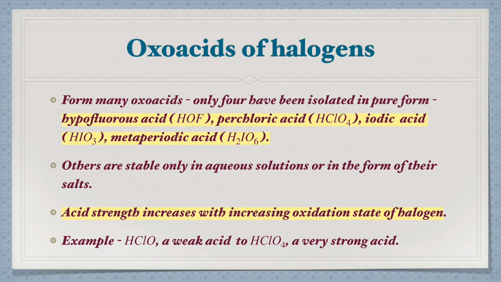That means from HClO to HClO4 the acidic strength increases, as HClO has the oxidation state of chlorine as +1, whereas in perchloric acid, HClO4, the oxidation state of chlorine is +7. So it is said acidic strength increases with increasing oxidation state of halogen.